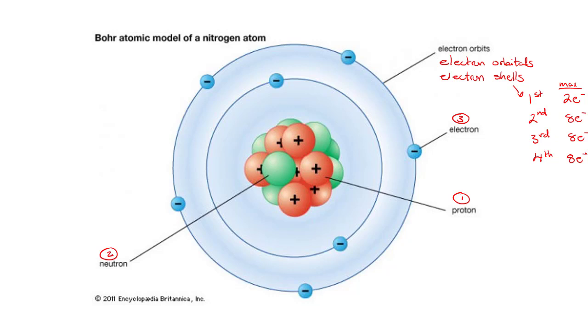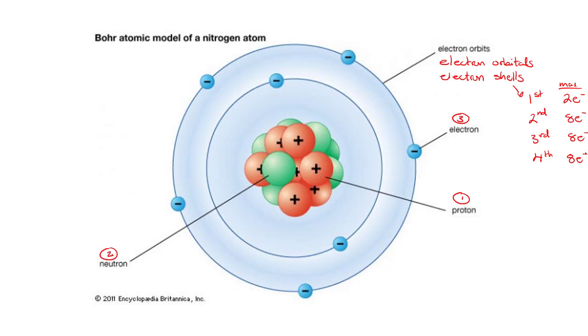I would highly recommend that you memorize this because it will not be given to you. So again, the first electron shell from your nucleus has 2, and then the second, third, and fourth shell all have 8 electrons.